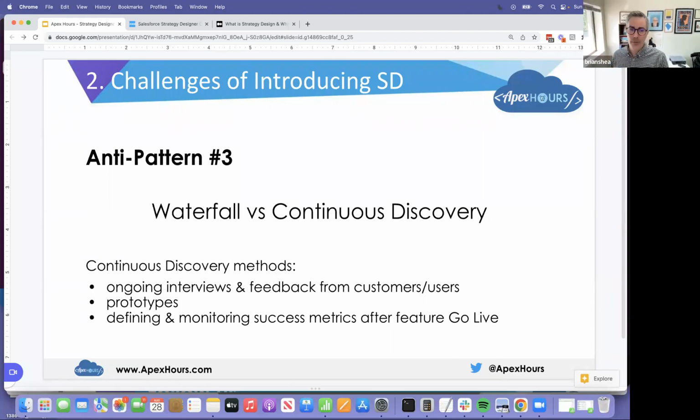This is actually a really big one, an opportunity that we see folks don't take advantage of. But once a feature goes into production, doing a retrospective, but also being really thoughtful about how you monitor the success of that feature. So what did you expect to happen? How much were people using it? What metrics did you expect to go up or go down based on this particular feature?